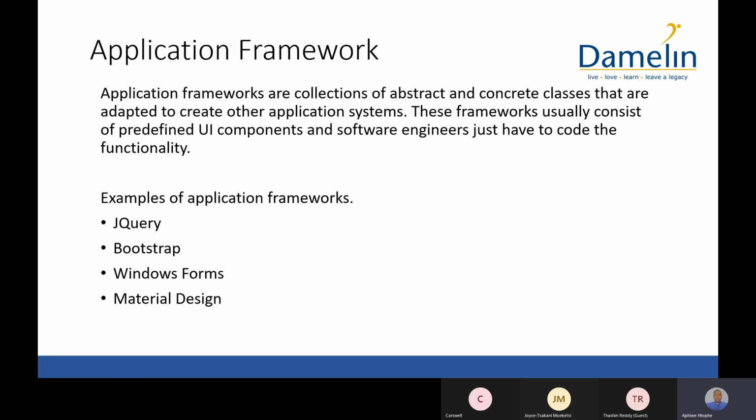So in terms of application frameworks, they are a collection of abstract and concrete classes that are adapted to create other application systems. These frameworks usually consist of predefined UI components, and software engineers just have to code the functionality. Some examples of this, we have jQuery.